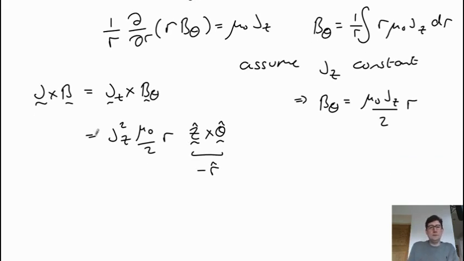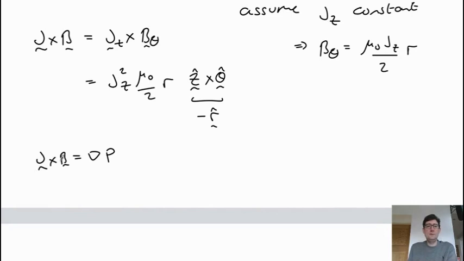So now we get that there's a force which is in the negative r unit direction, so it's inwards in the cylinder, and it's going to be balanced by a pressure gradient. So we have J cross B is grad P, and since J cross B is only in the radial direction, grad P must also be in the radial direction.